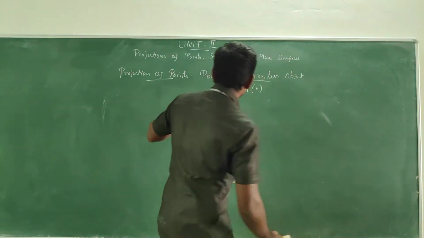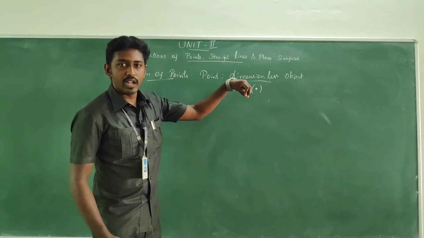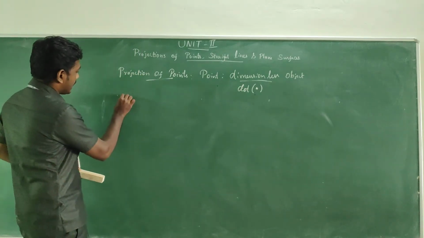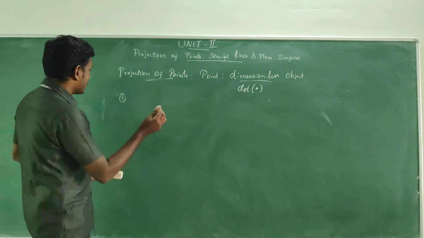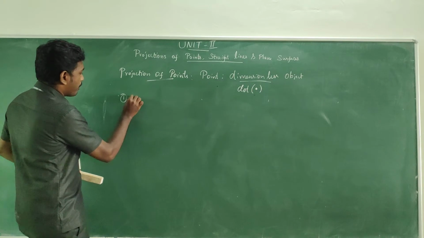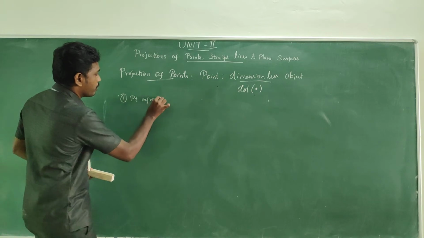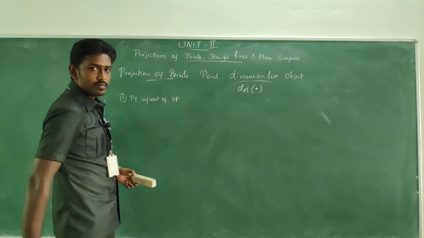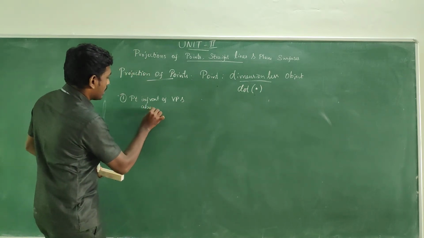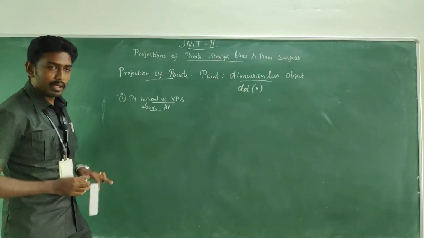So as far as this point is concerned, if you are locating it in the first quadrant, there are four possible locations. The first possible position of the point in space is the point in front of VP and above HP.